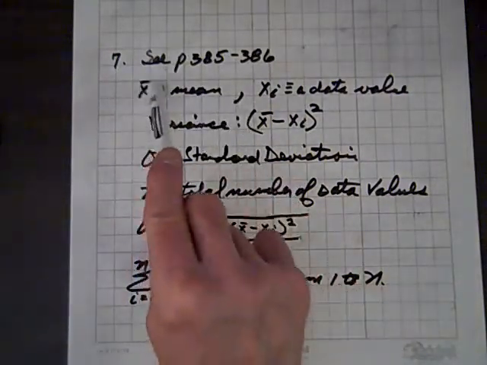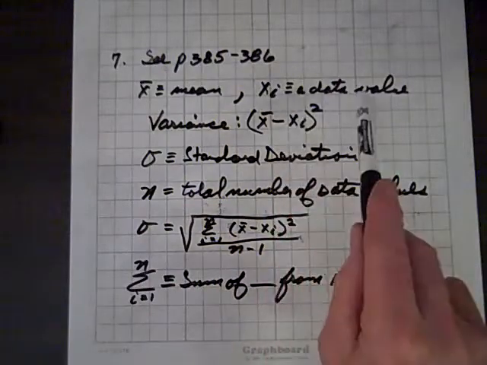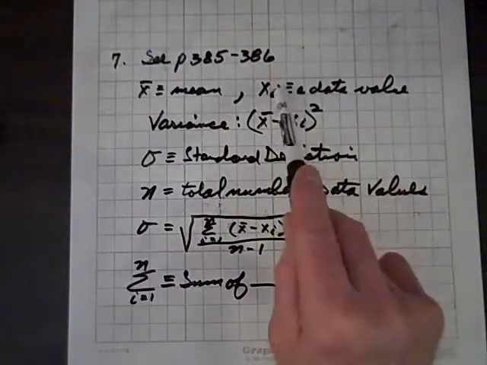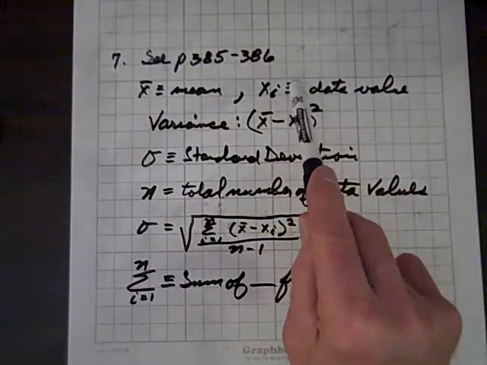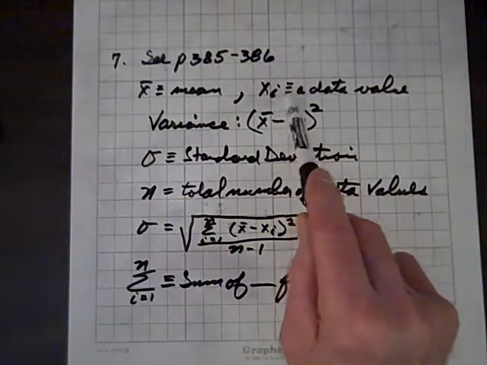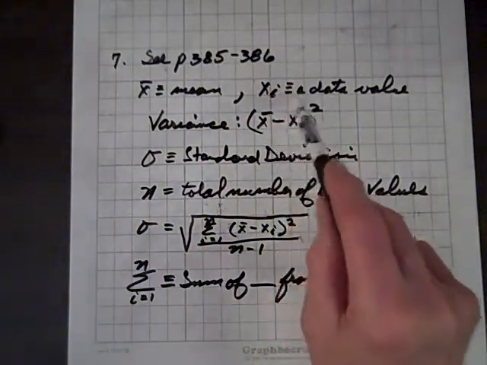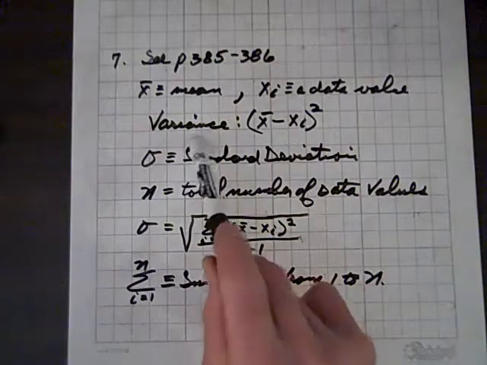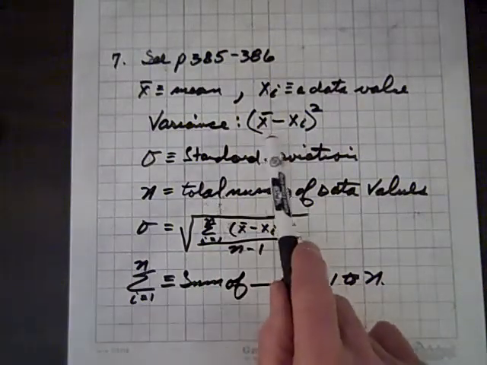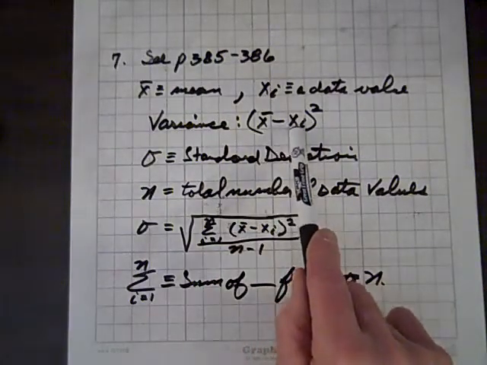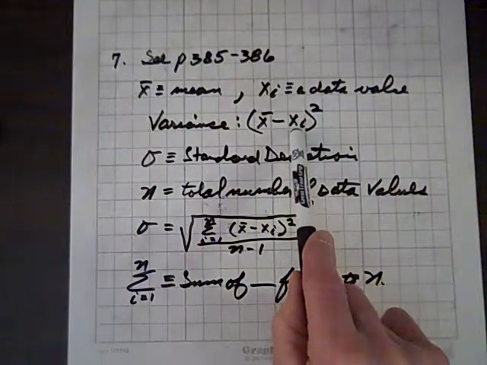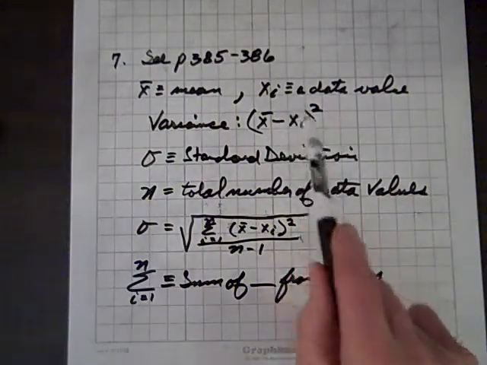And x bar means the mean, x sub i means a data value for every different i value, 1, 2, 3, or 4. The data value will change. So the variation is the difference between the mean and whatever data value you choose, and you square that difference.